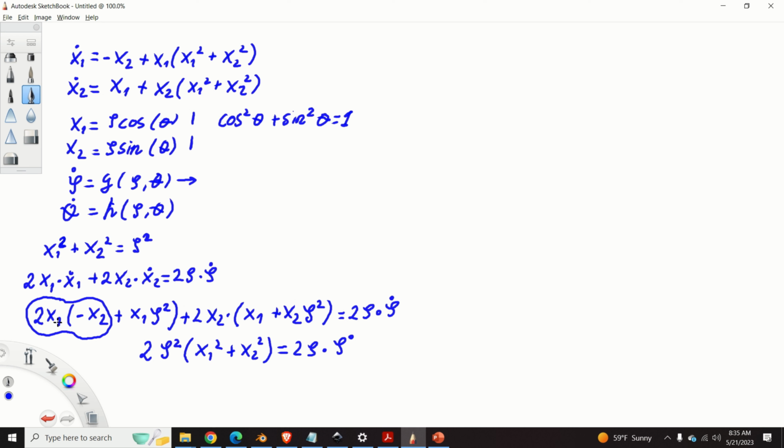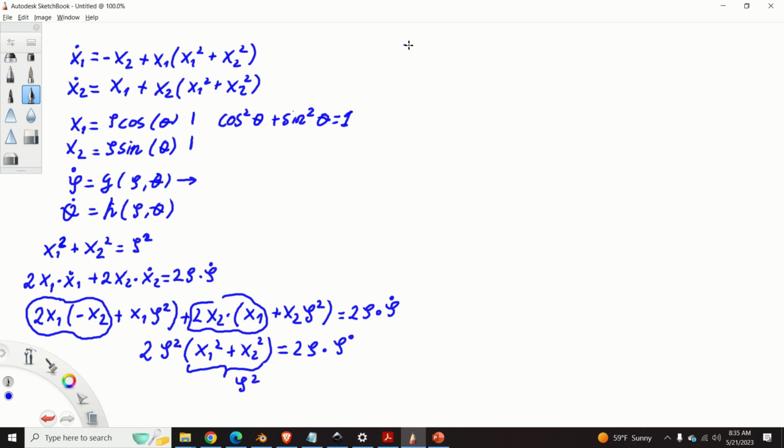That is, if you multiply 2 x1 times minus x2, you can cancel this term by the term obtained by multiplying 2 x2 times x1. What is remaining is 2 rho squared from here, and in the bracket x1 squared, and similarly from the second term x2 squared. Obviously, this is rho squared.